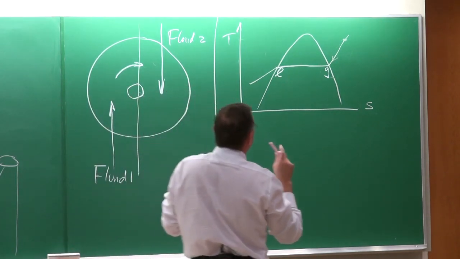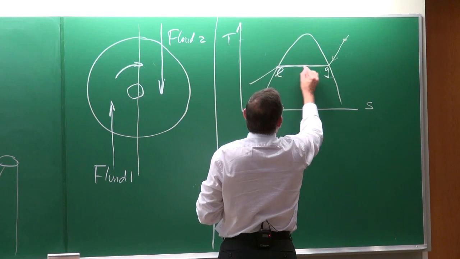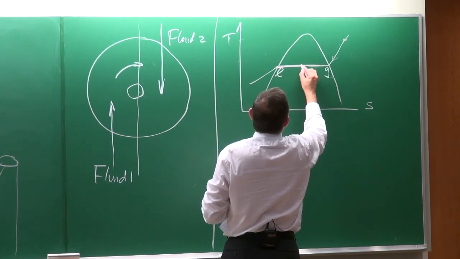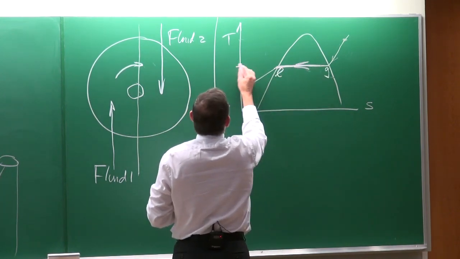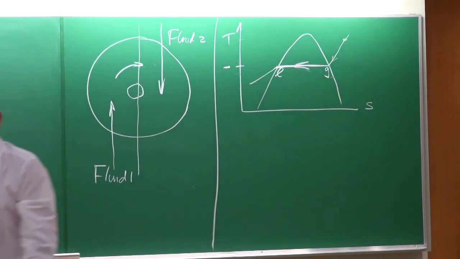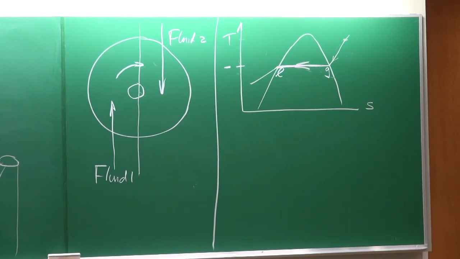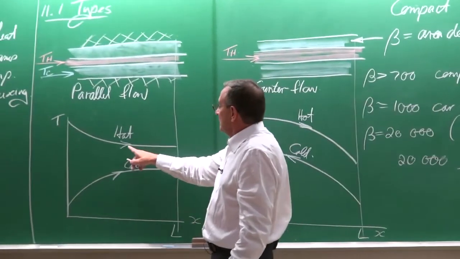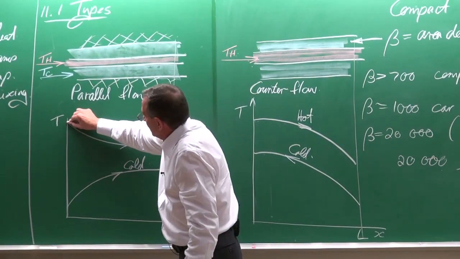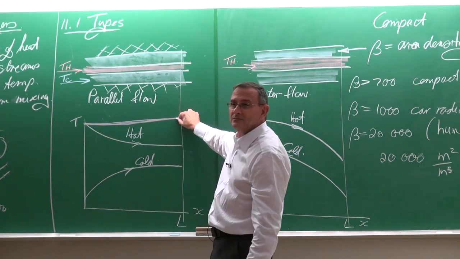However, and that is now the big however, is the moment condensation occurs, the temperature is going to remain constant. There's not going to be a change in temperature. So if we go back to these types of heat exchangers here, let's suppose the parallel flow heat exchanger, if this is now the hot side, we will have something like that happening.